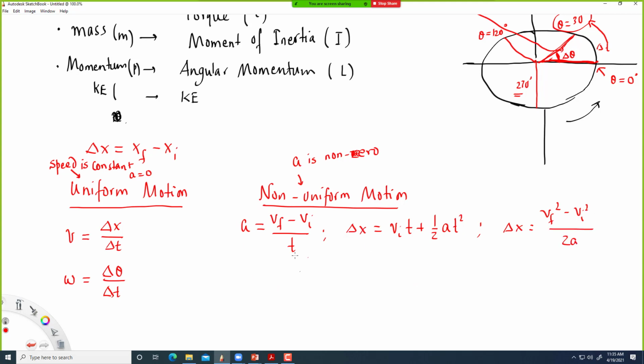Now we can write the angular counterpart of all these equations for angular motion. When we are dealing with angular motion, we can write the equations as A is replaced by alpha, V final is replaced by omega final, V initial is omega initial, T is T, delta x is delta theta, okay, x is replaced by theta.